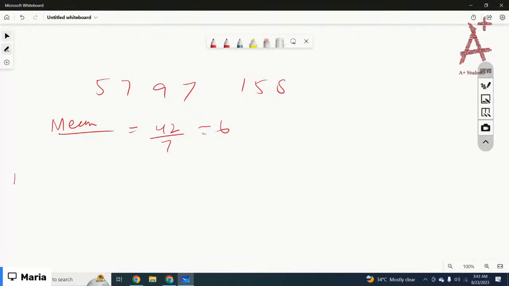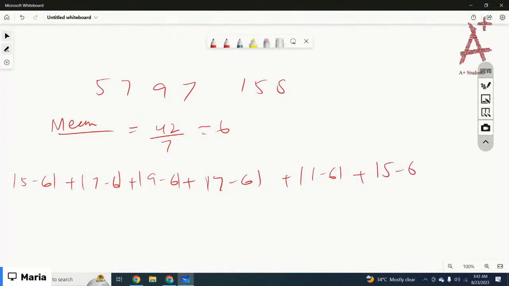Now just subtract every value from 6. 5 minus 6, 7 minus 6, 9 minus 6, 7 minus 6, 1 minus 6, 5 minus 6, 8 minus 6. Okay, let's just calculate. 5 minus 6 is 1. 7 minus 6, 1. 9 minus 6, 3. 7 minus 6, 1. 1 minus 6, 5. 5 minus 6, 1. 8 minus 6, 2.